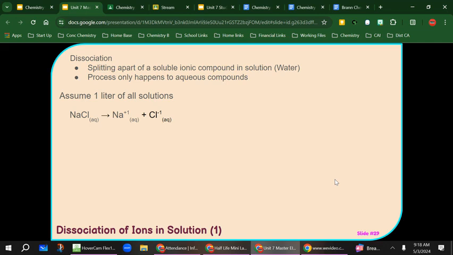Now, again, you can think of this as a mini balanced chemical equation. So for one of these, you get 1 sodium ion and 1 chlorine ion. So if we know that this is a 2.25 molar solution, and we assume that it is 1 liter. Now, why am I assuming 1 liter?